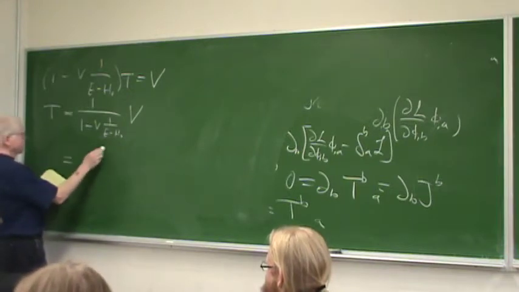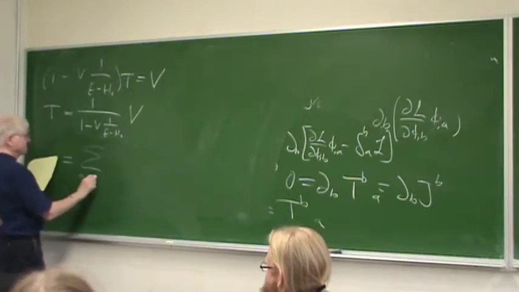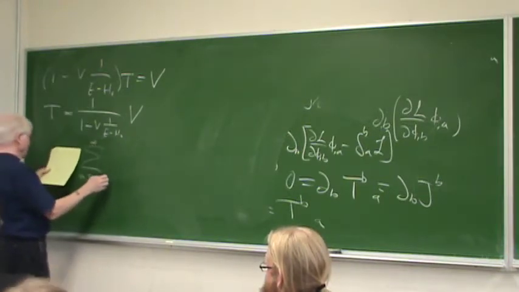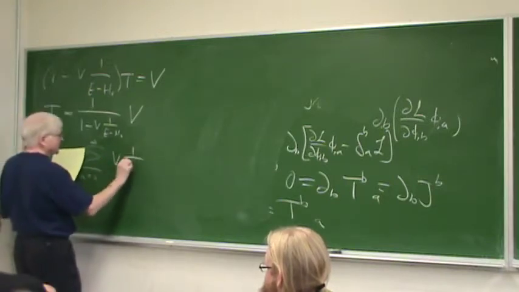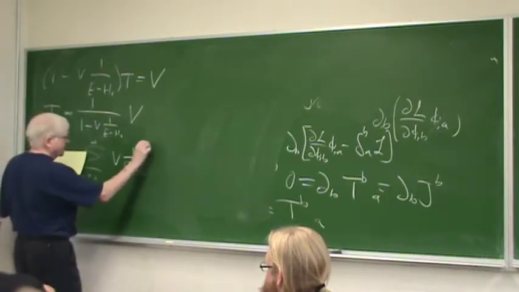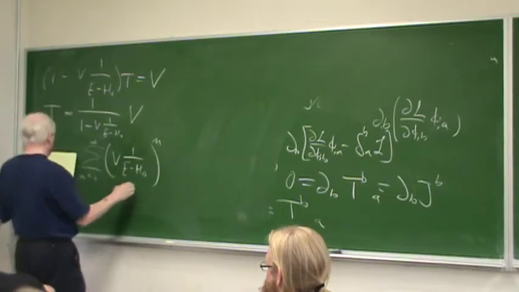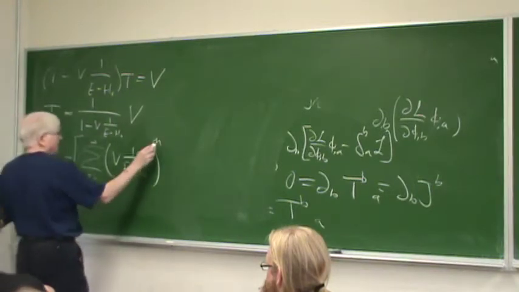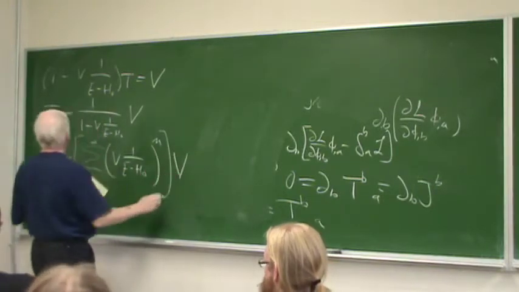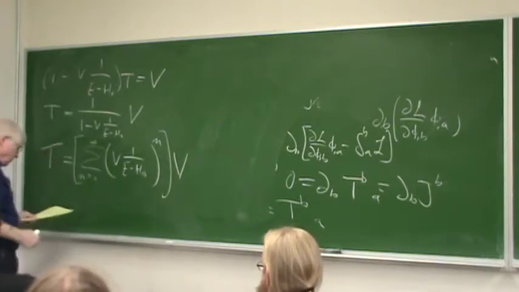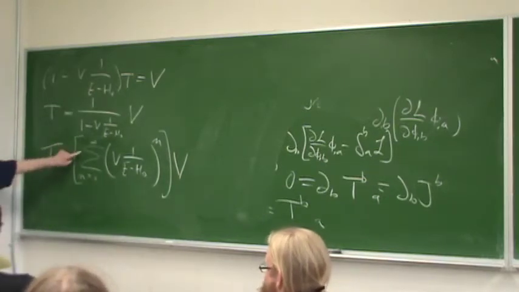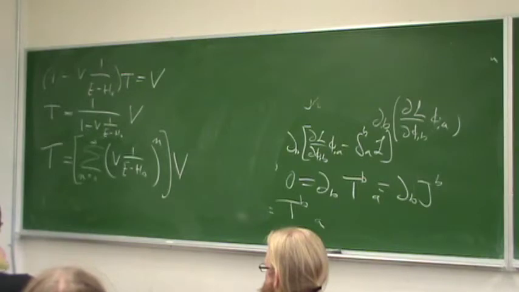And then what we get here is a sum, n equals 0 to infinity, of V 1 over E minus H0 to the n V. So our T matrix then is an infinite series times V.